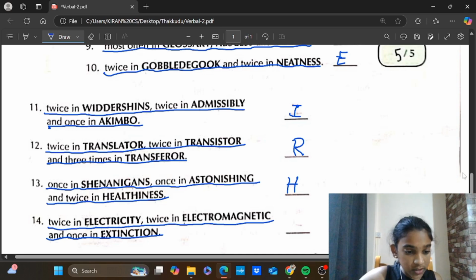Does it come twice? Yeah. What about here? Yeah. No, it comes 3 times, so it's not E. What about L? Does it come twice? No, it's not L. What about C? Does it come twice? Yeah, it does. What about here? Does it come twice? Yeah, it does. What about here? Does it come once? Yeah. So for question number 14, the answer is C.